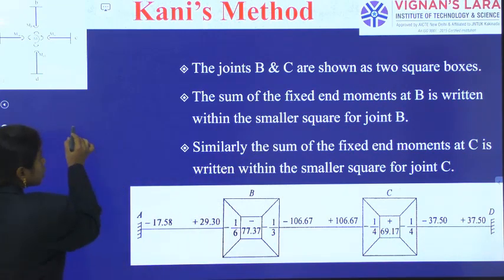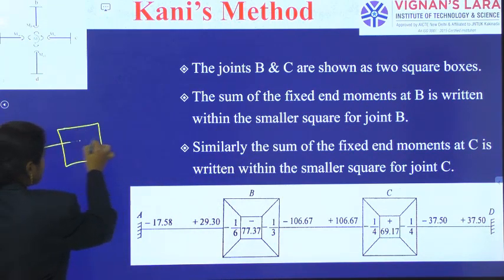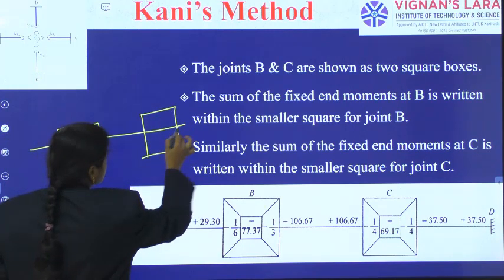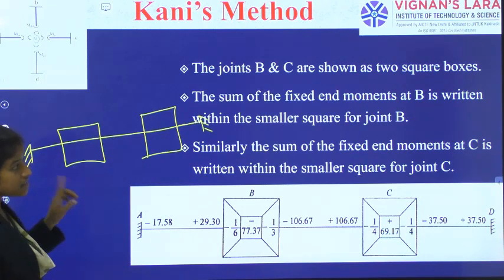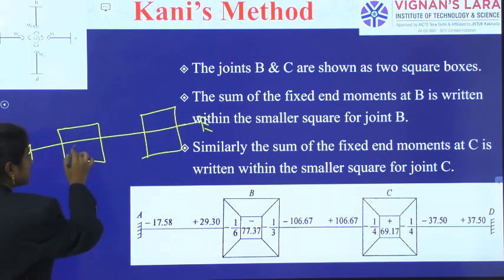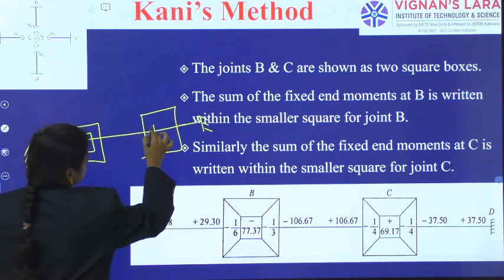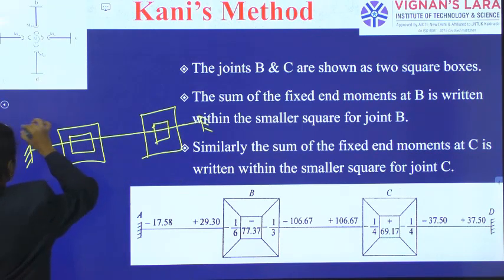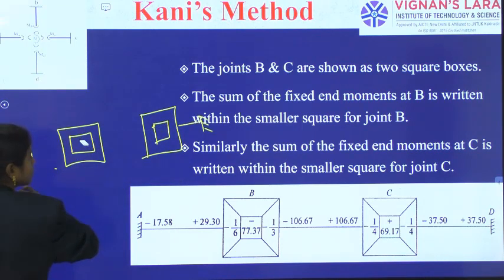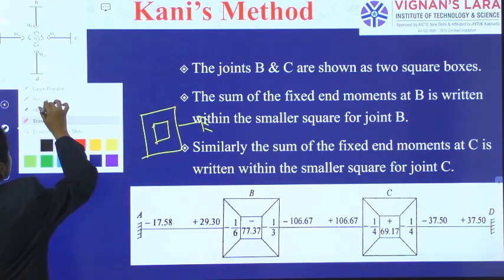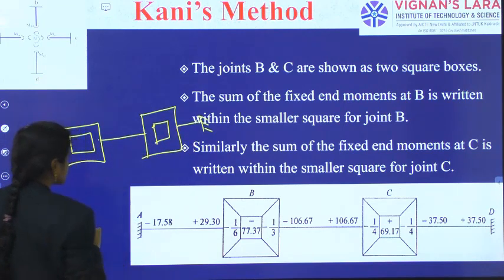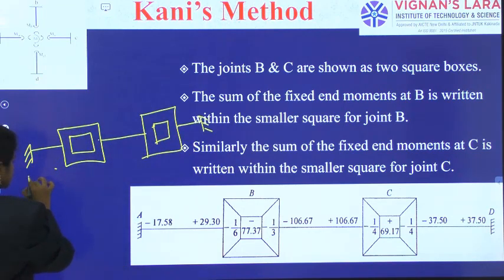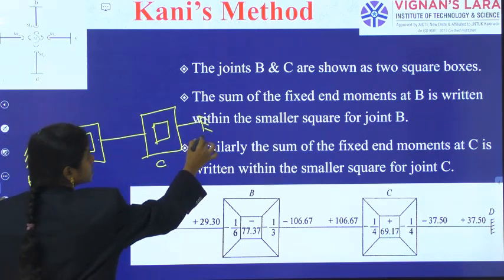Using two square boxes, joint B and joint C are indicated, and this is the fixity condition of A and B. So two square boxes. This one is A, this one is B, this one is C, and it is D.